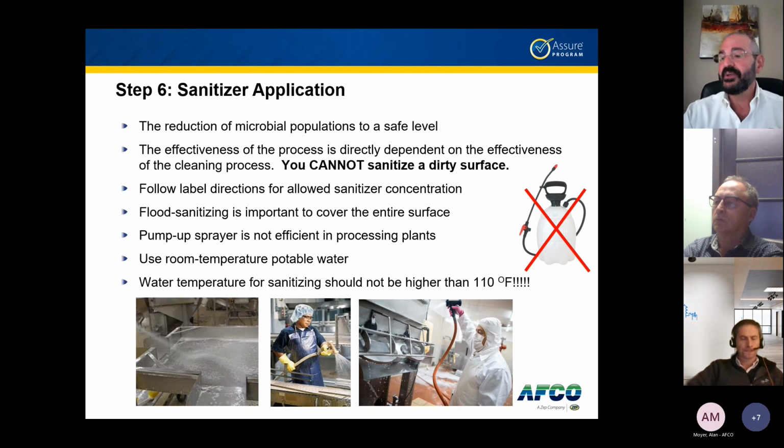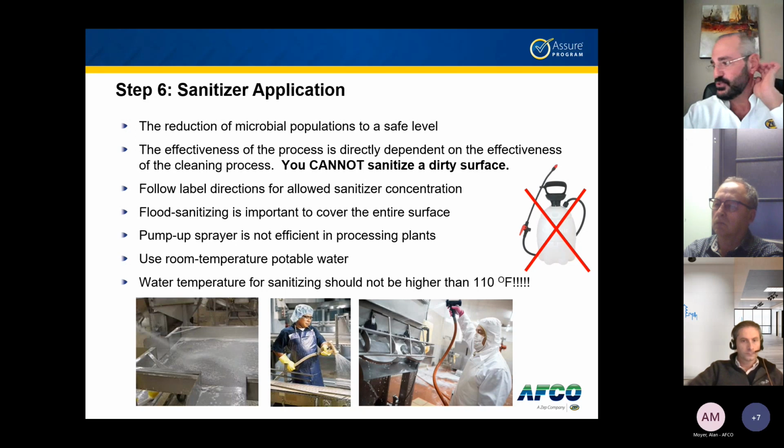This is one of the ways microorganisms can build resistance to sanitizers, when you apply a sanitizer for a long period of time at less than what's recommended on the label. That creates resistant microorganisms, and you'll start having problems in the plant with microorganisms that are resistant, and you'll have biofilms and problems like that.